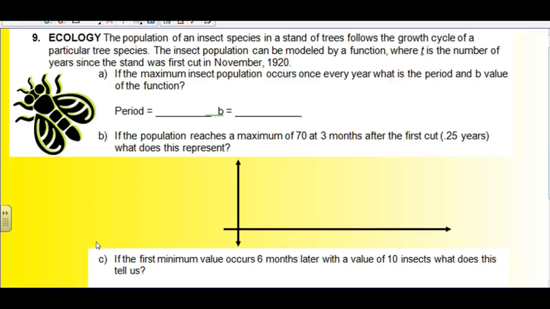It says the population of an insect species in a stand of trees follows the growth cycle of a particular tree species. The insect population can be modeled by a function where T is the number of years since the stand was first cut in November of 1920. So we're going to start with our time at November of 1920.